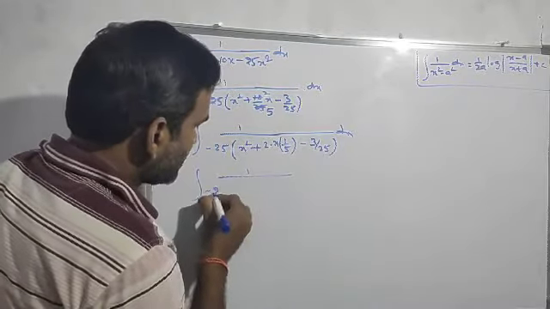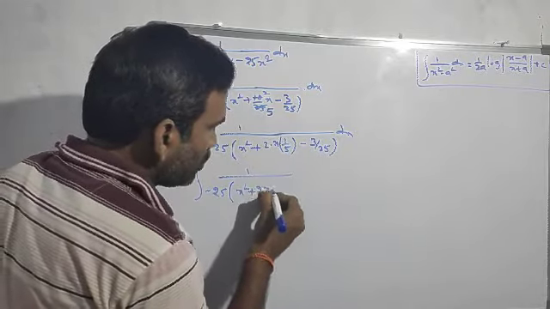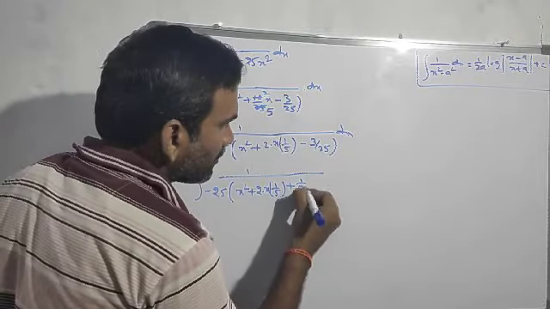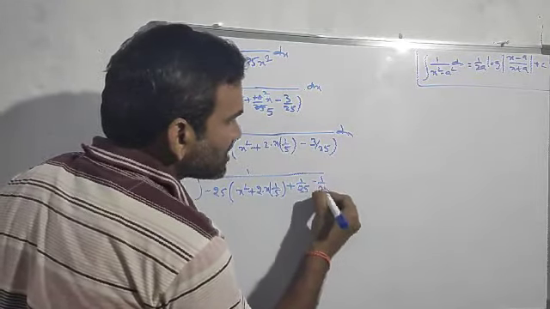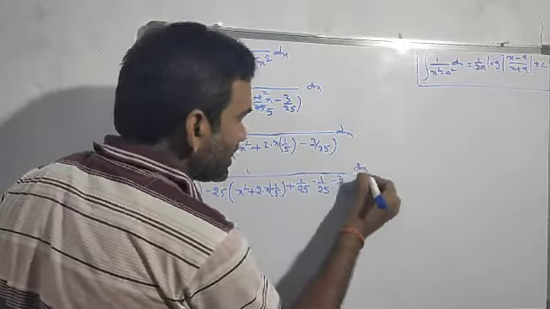So 1 by minus 25 times a square plus 2ab, I am adding b square and subtracting also b square, minus 3 by 25 into dx.